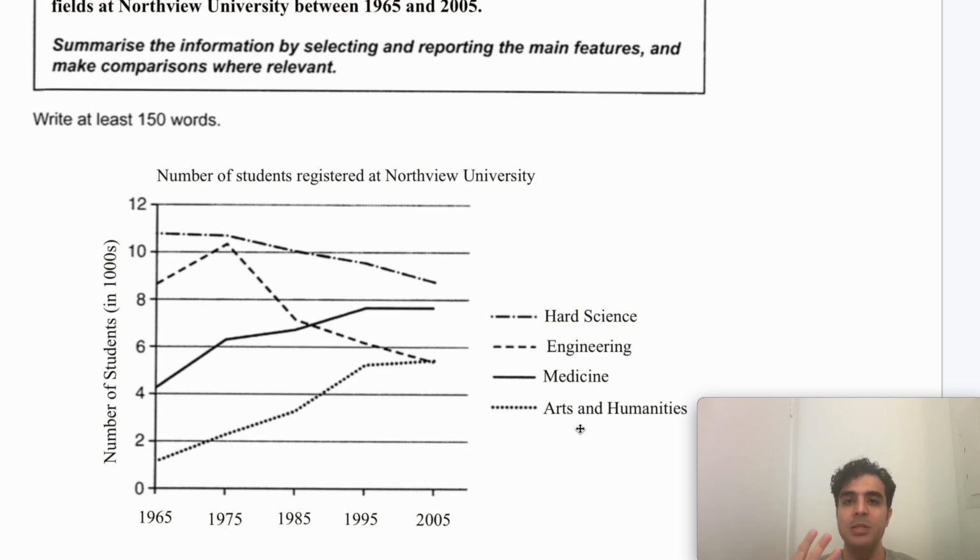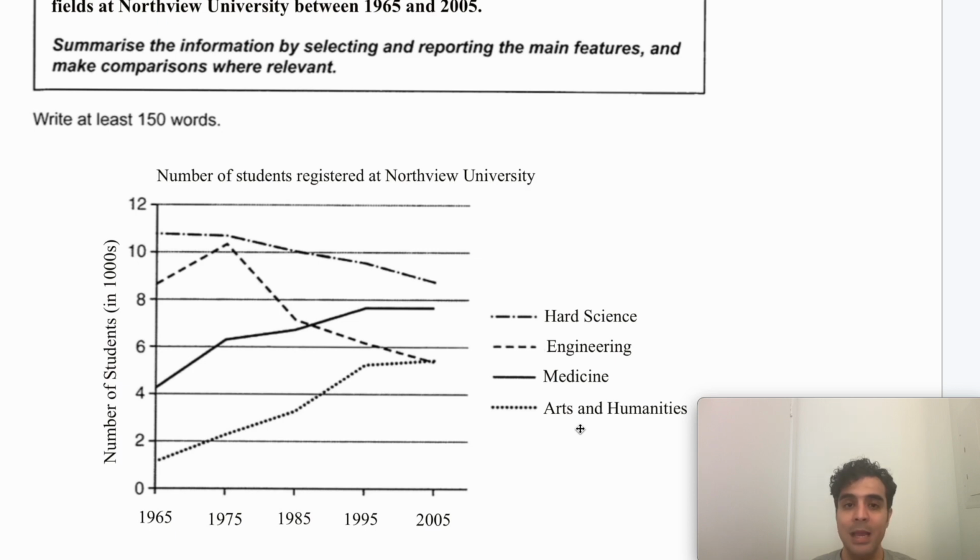So our 4 variables are lamb, beef, chicken, and fish. So what I could do is I could have red meat versus white meat, right? So I could have lamb and beef described in 1 paragraph, and then chicken and fish described in another paragraph.